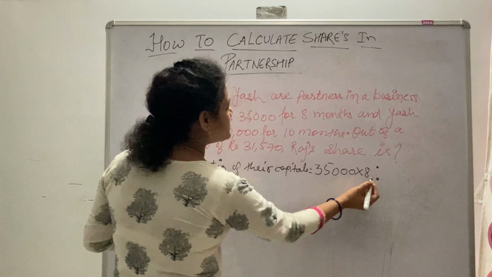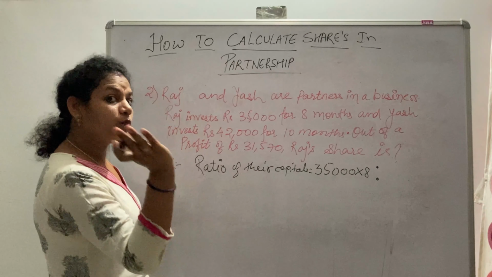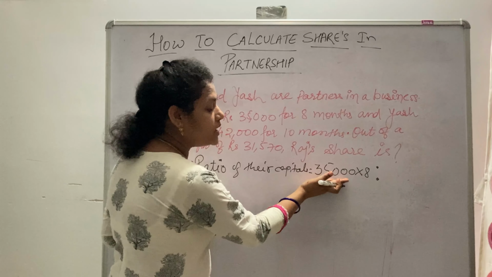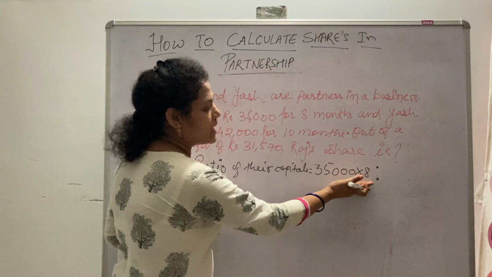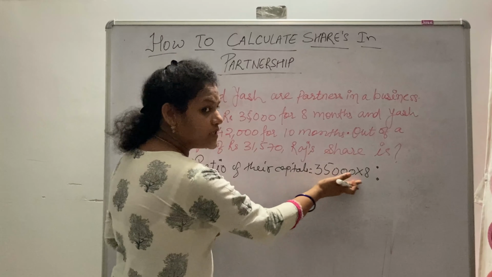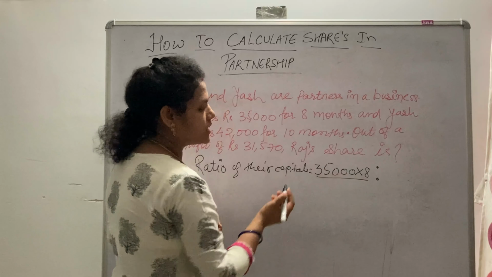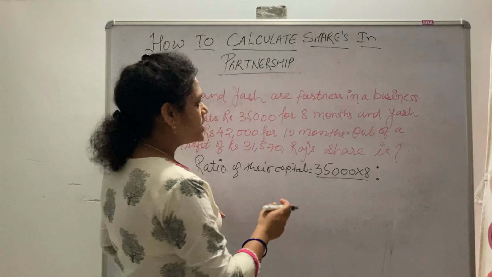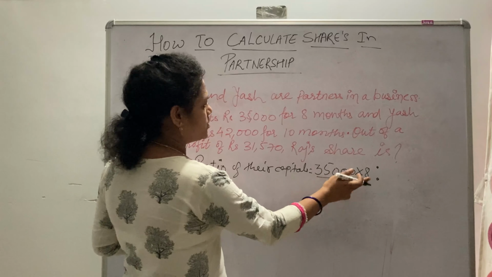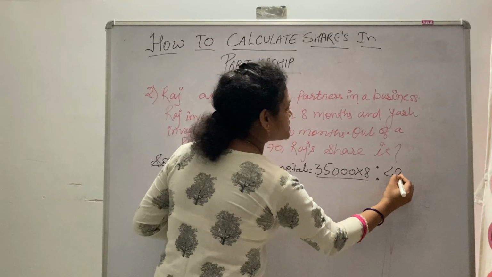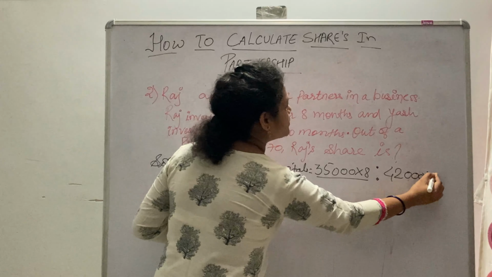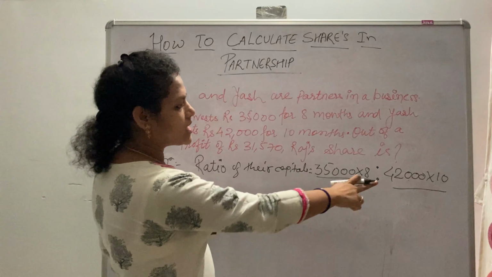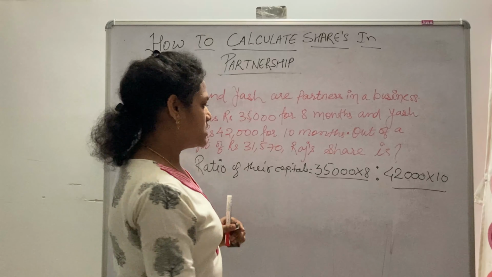And this is my second point, that you multiply the investing money by the months. The time period is different, that's why I'm writing it separately here. In the first example, the time period was the same. So 35,000 into 8 and 42,000 into 10 months. It means Raj is investing for 8 months and Yash is investing for 10 months.